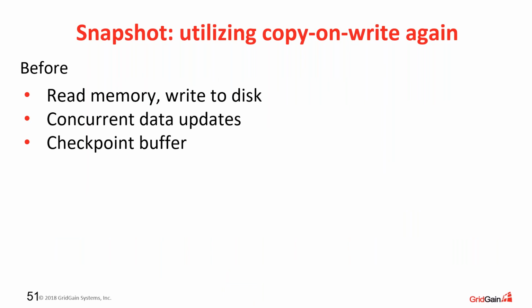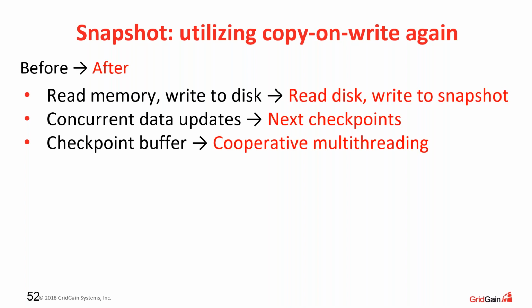So let's compare it with the previous approach. Before, when we did checkpoint, we read from memory, we wrote to disk. The factor that we had to deal with was concurrent data updates, and we used the checkpoint buffer to maintain a copy on write. Now, in this second phase of snapshot checkpoint, we read disk and write to snapshot storage.